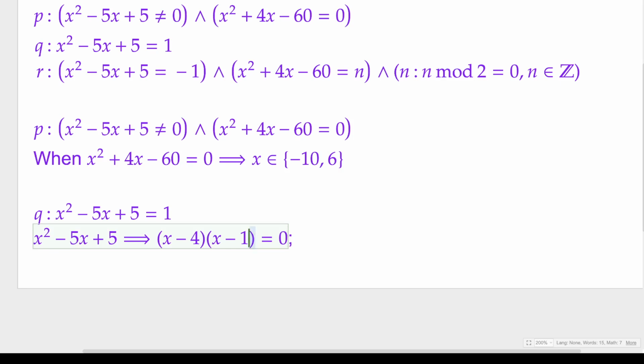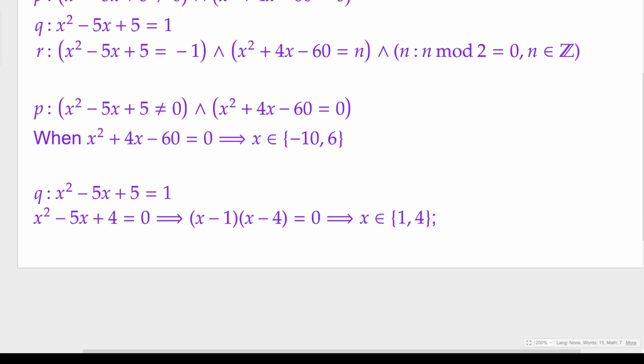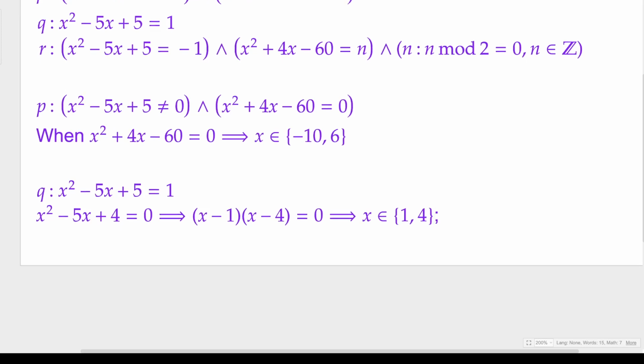No, there is some mistake over here, just let me check once. Yes, in this part it is equal to 1, so on subtracting 1 on both sides I will get 4 here, equal to 0. So now I can write this part as (x − 1) times (x − 4). Now this should be clear, right? So from this we can say that x belongs to the set {1, 4}. These are the two roots which will satisfy the given equation.